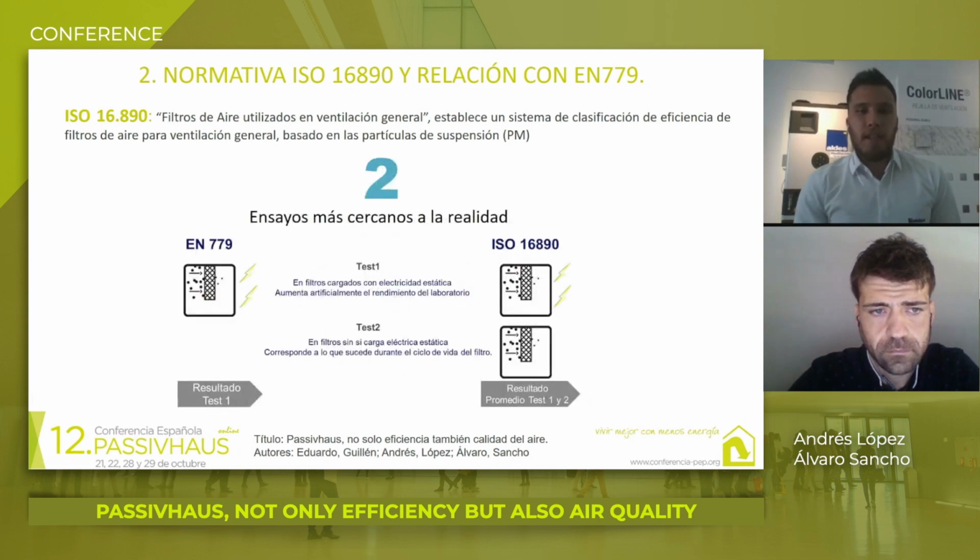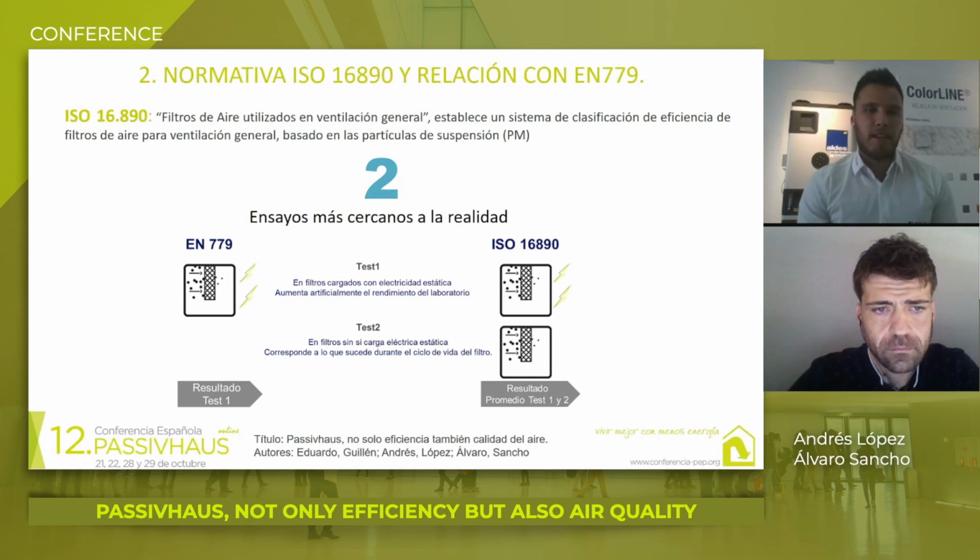The standard arose from the need to harmonize globally the different standards that existed worldwide. Another reason for this new standard was to ensure that trials and tests were closer to reality.